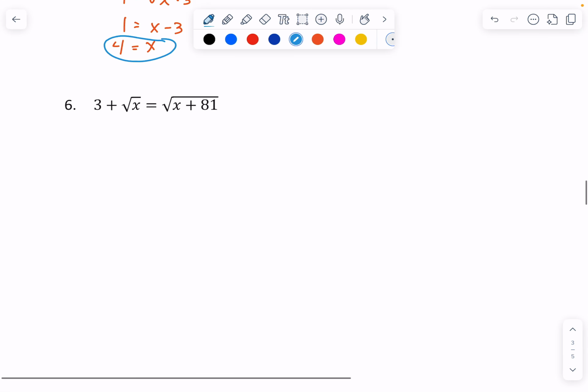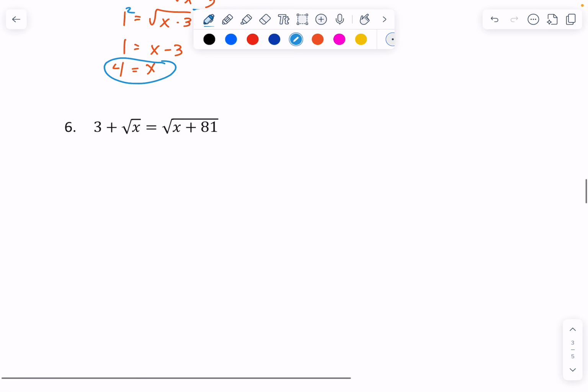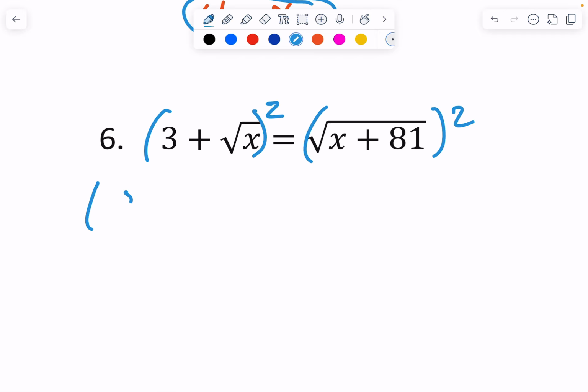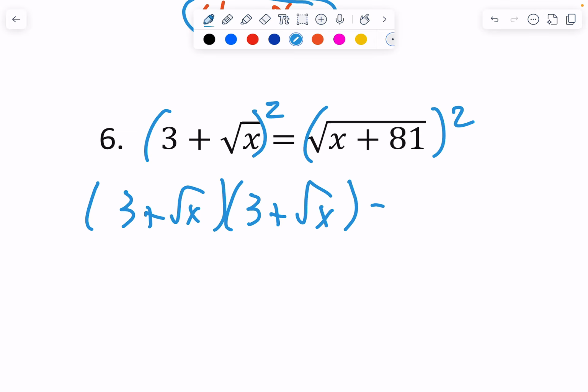Okay, last one. Here I already have one radical isolated, so I'm just going to square both sides. So on the left, I have that. On the right, I have this. So you get 9 plus 6 root x plus x.